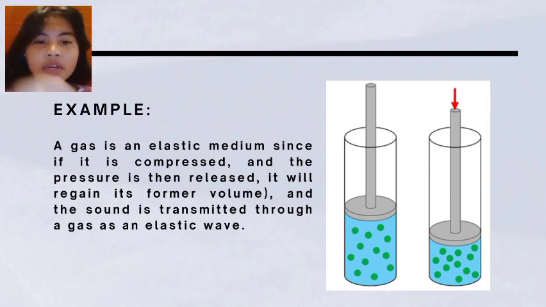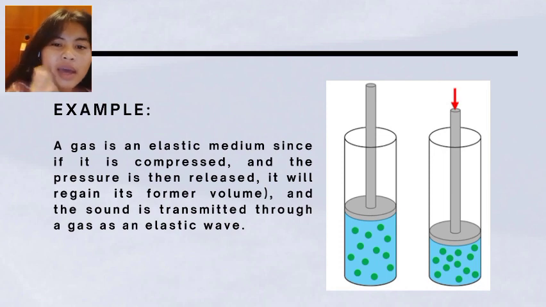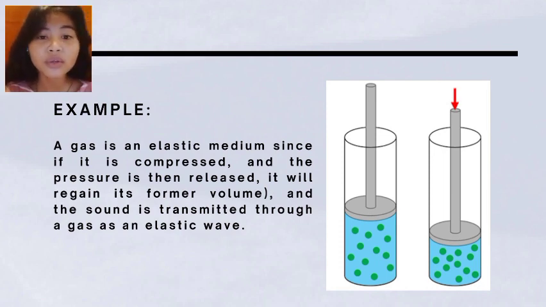So say for example, let us consider this as a container that has been pressed by a bar. Considering that of course there's air in there, if you press the bar to the container, the property of the gas changes.